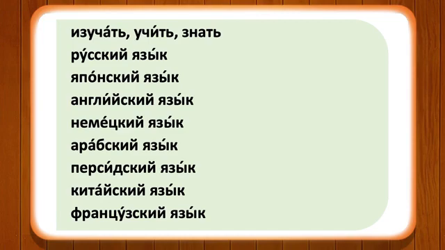Русский язык is Russian language, Японский язык is Japanese language, Английский язык is English language, Немецкий язык is German language, Арабский язык is Arabic language, Персидский язык is Persian language, Китайский язык is Chinese language, and the last one, Французский язык is French language.